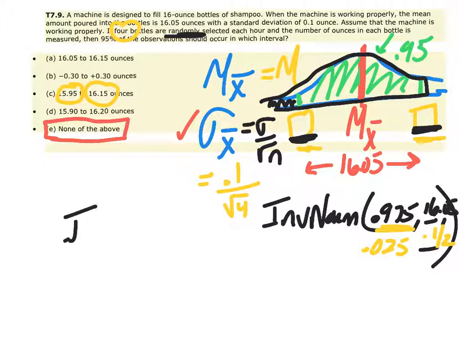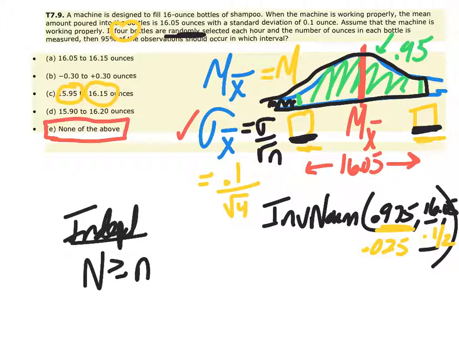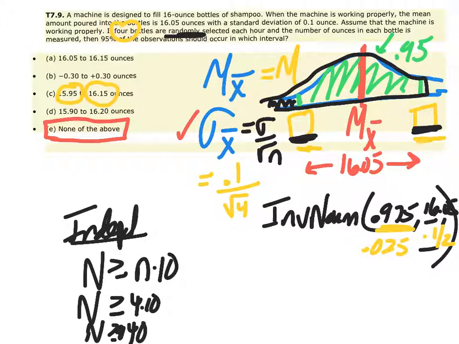The test for independence, when we are doing the means, is you have to show that our population, which is capital N, is greater than or equal to 10 times the sample size. Fine. The population, I don't know what it is, but our sample is 4. So 4 times 10, is it logical to say that the population is greater than or equal to 40? Yes, it makes sense that the population is greater than or equal to 40.